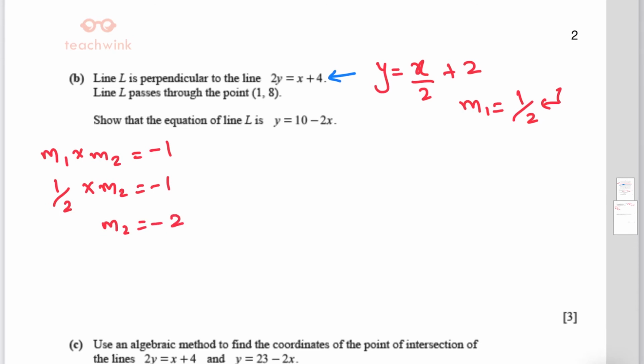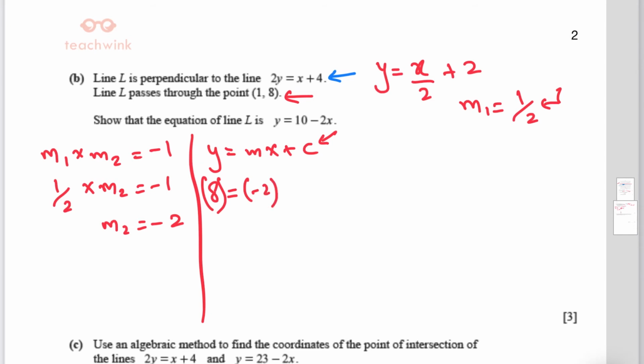Okay, now we need to plug this into the equation. The standard equation of any line is of course y equal to mx plus c. We know the gradient, we know these 2 coordinates, we don't know the y-intercept, which is c, so we need to find that first. So we plug these coordinates in. y is 8, the gradient is negative 2 and x is 1. So the y-intercept comes out to be 10. Perfect.